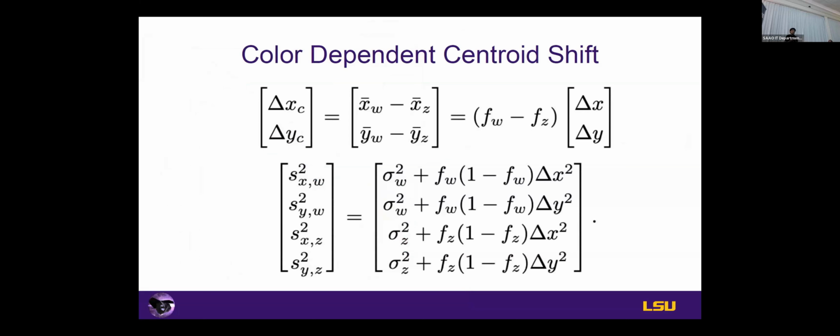If the color of the lens in two different bands is different, then if you look at the lens and source system in two different bands, you can actually find this centroid shift, which will depend on the color contrast of the lens flux and the separation between the lens and the source. So this is another observable along with the spread observable.